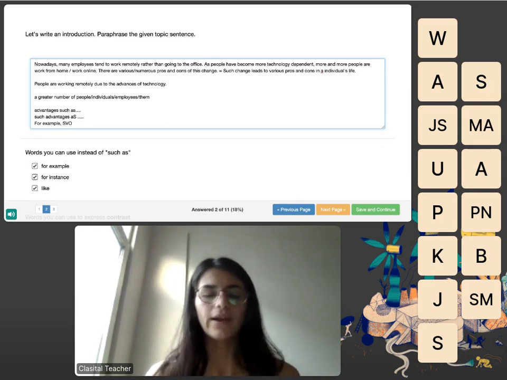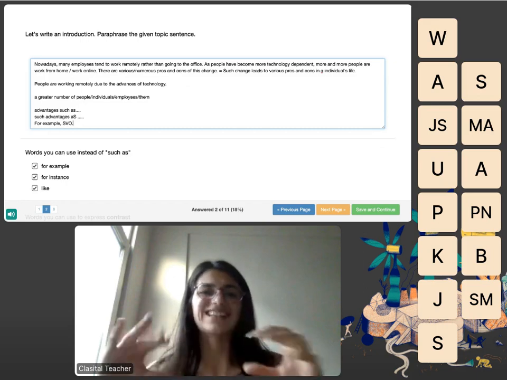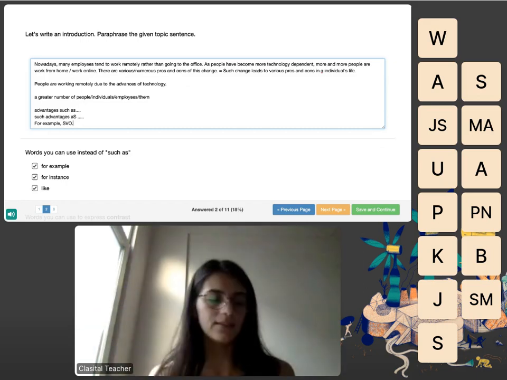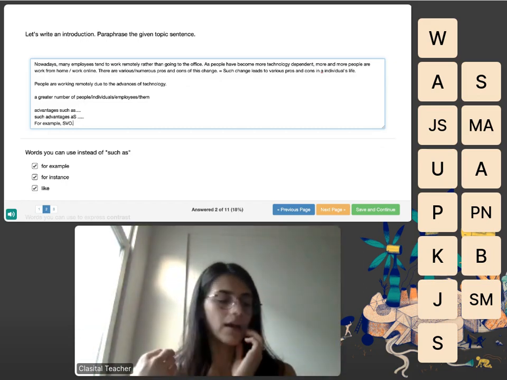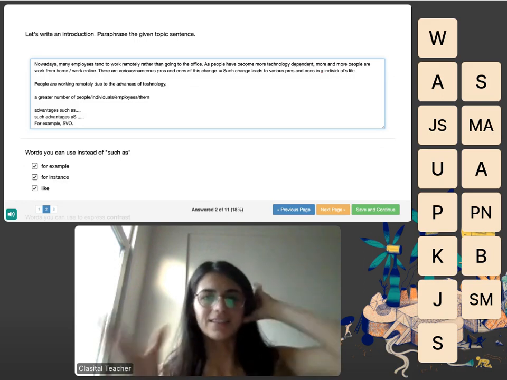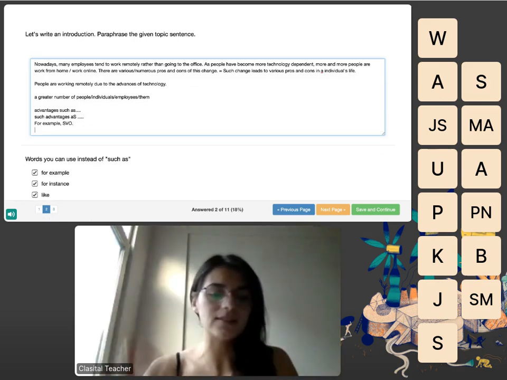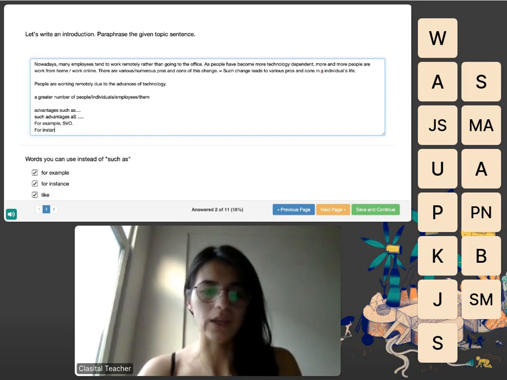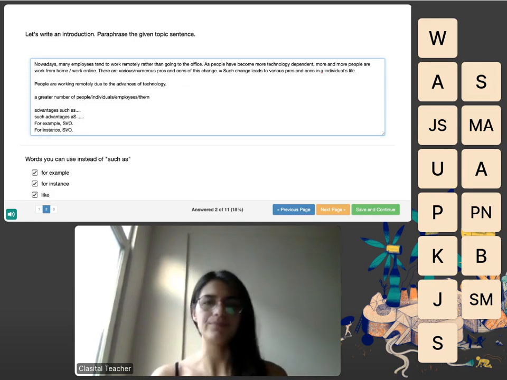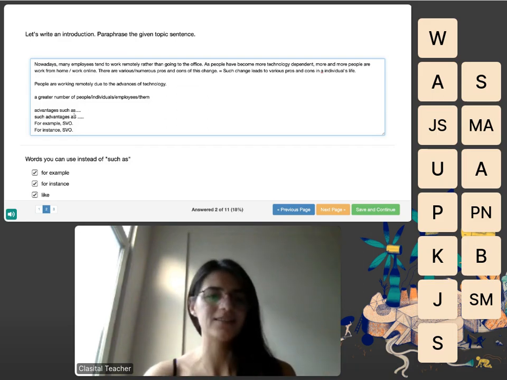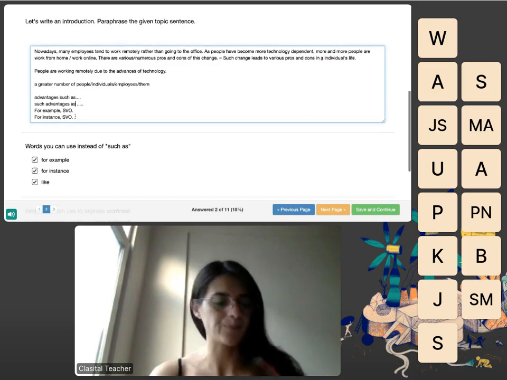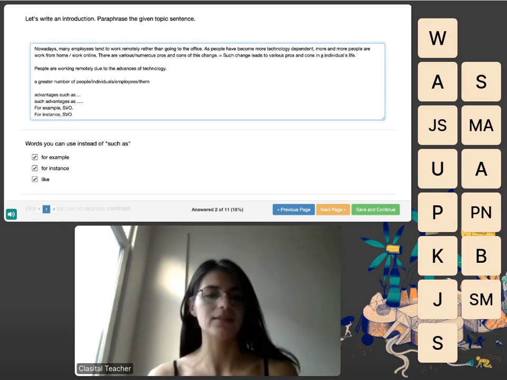So we write for example, we put a comma there, and we write our example sentence. It needs to be a sentence. And this is the same with for instance. We need to write for instance, put a comma there, and another sentence. But we can use like, just as, such as. They're the same. Any questions about this?